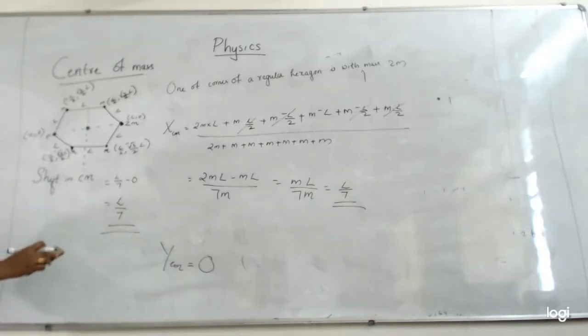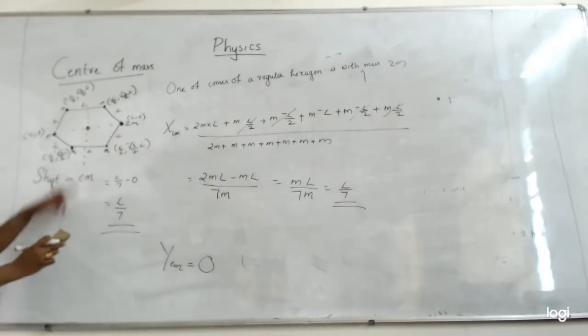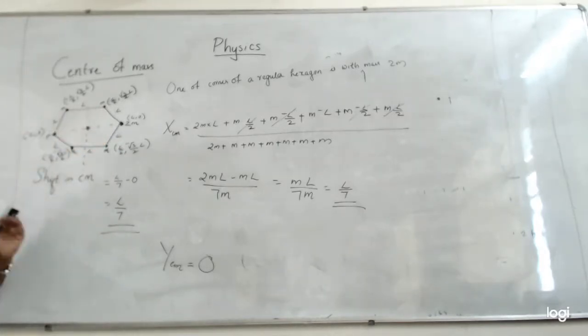The same question they can ask in another form. Instead of one point, make it two adjacent points if you take the mass.